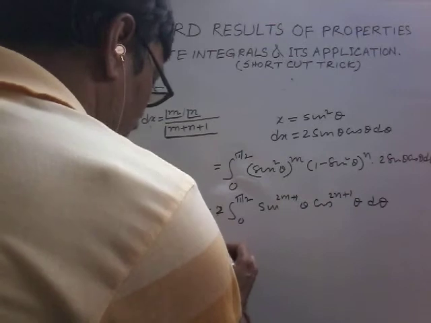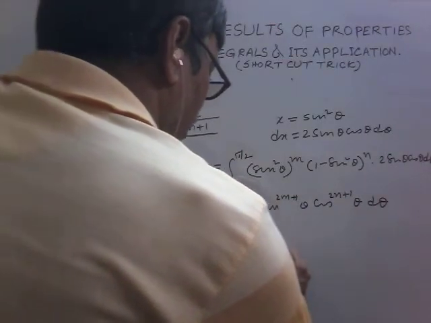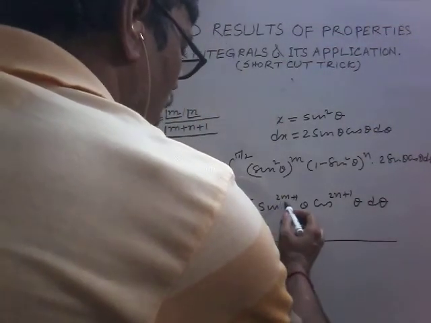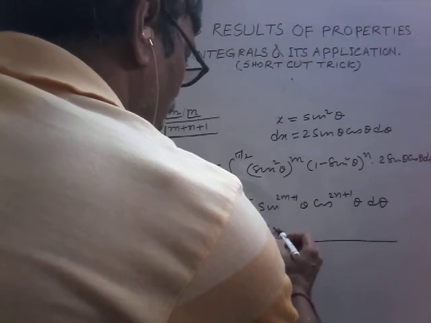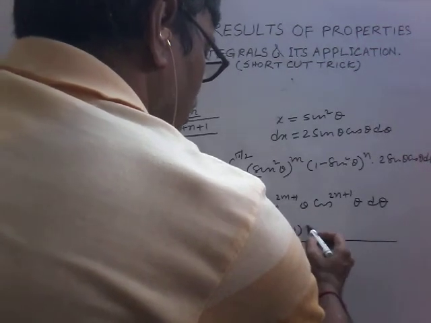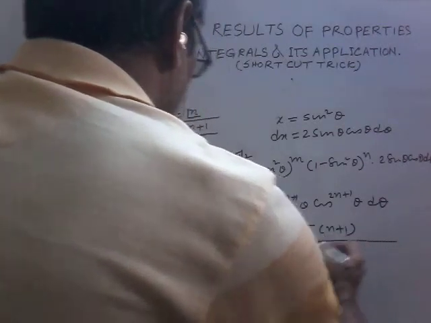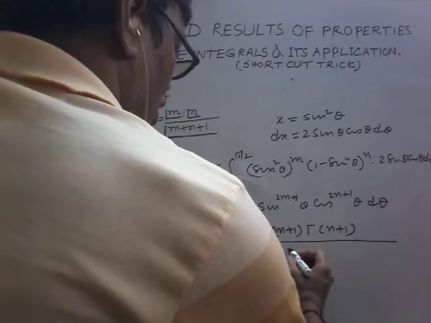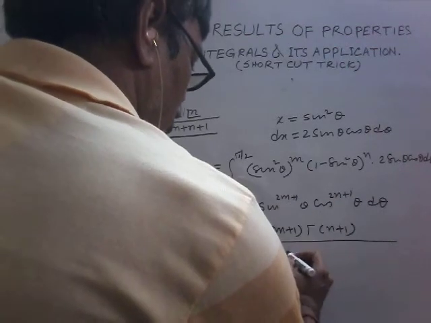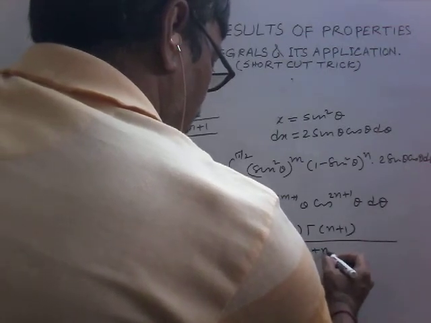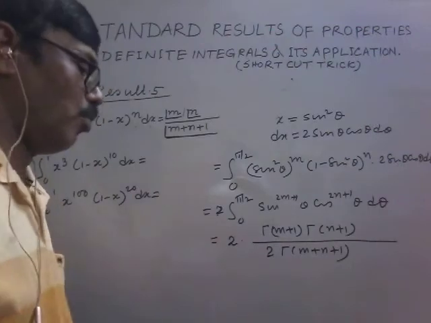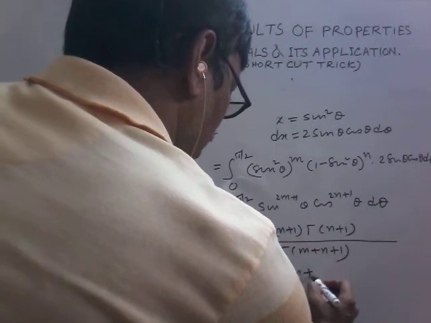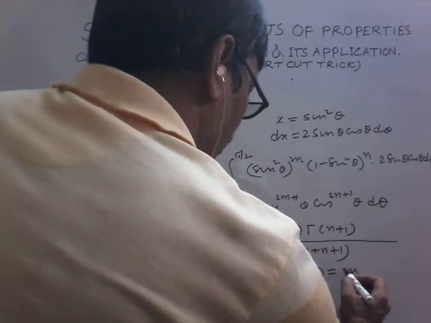So what is our result? You can consult any standard book. This is gamma (2m plus 1 by 2) into gamma (2n plus 1 by 2) over 2 into gamma (m plus n plus 1), with gamma m plus 1 equals factorial m.